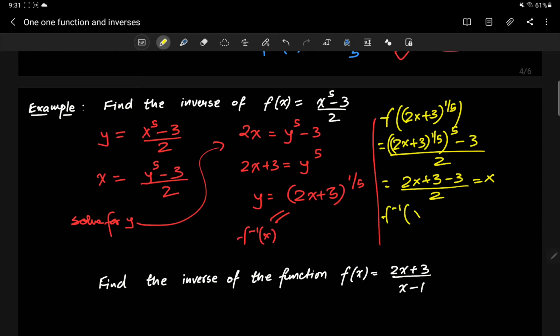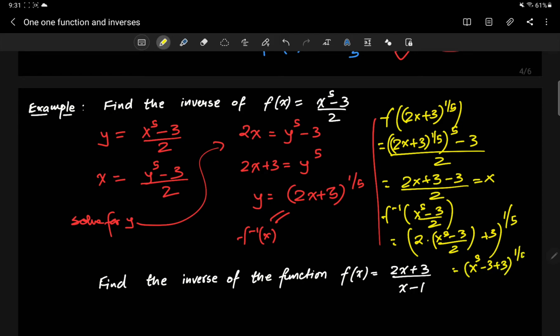Similarly, f inverse of (x to the 5 minus 3) over 2 would be (2 times (x to the 5 minus 3) over 2, plus 3) to the power 1 over 5, which comes out to (x to the 5 minus 3 plus 3) to the power 1 over 5, or x to the 5 to the 1 over 5, which gives me back x. And once I have x, it is verified that that is indeed the correct inverse form of the function.